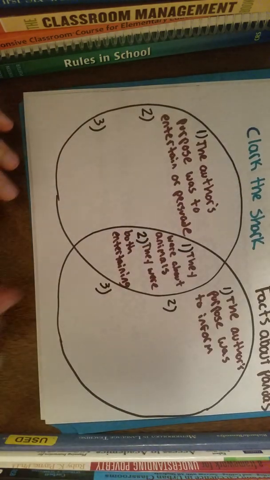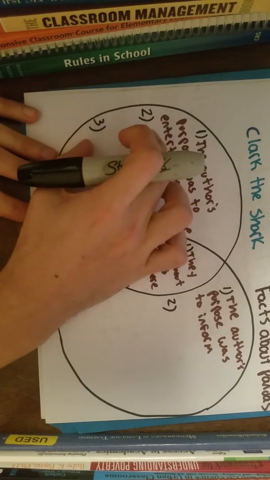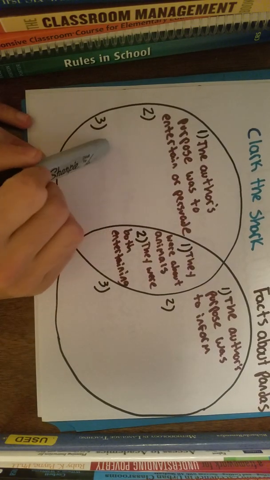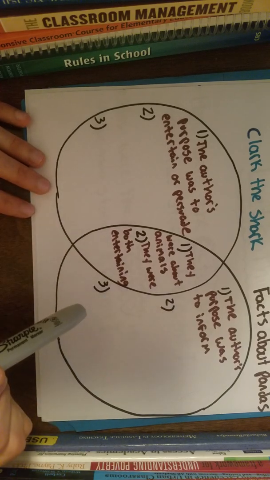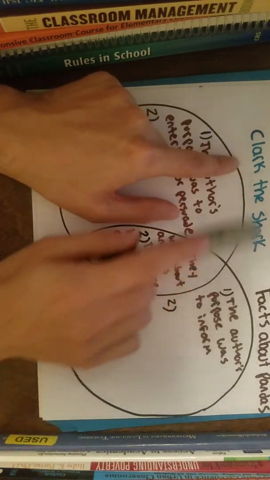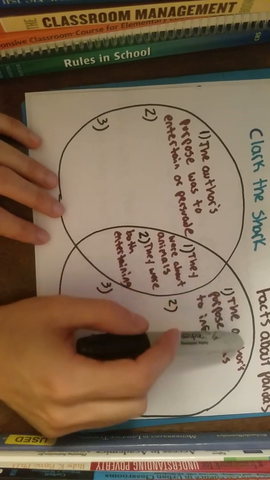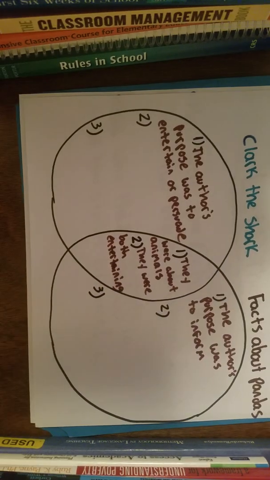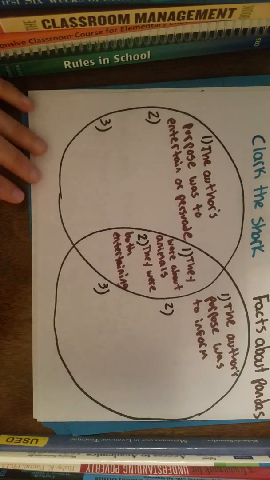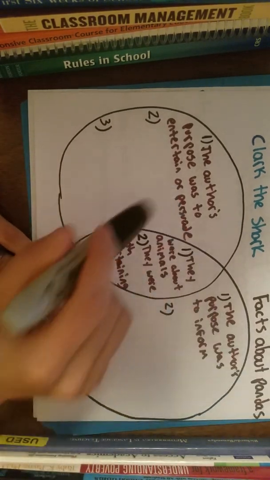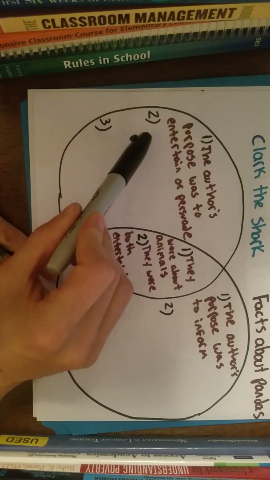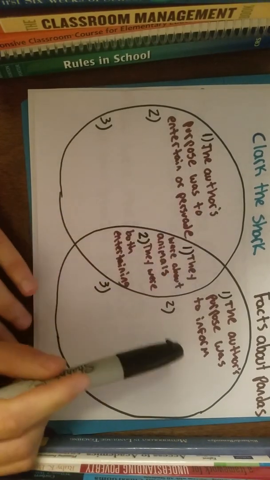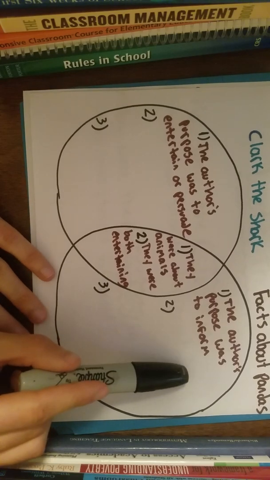So now your job is going to be to find two more things that are unique about Clark the Shark and facts about pandas. And what that's going to show us is what are some differences in stories that are meant to entertain or persuade, and some stories that are meant to inform.